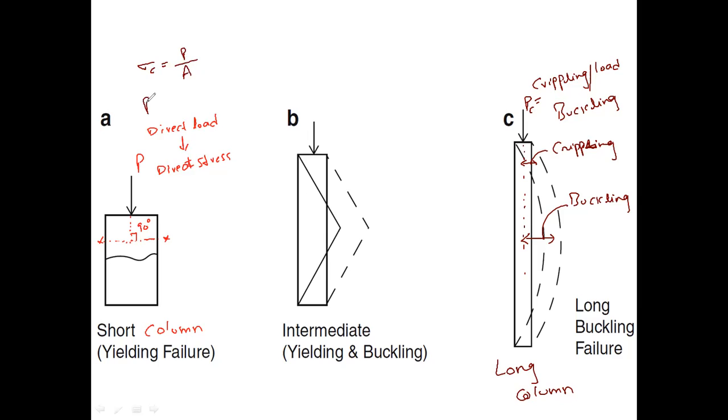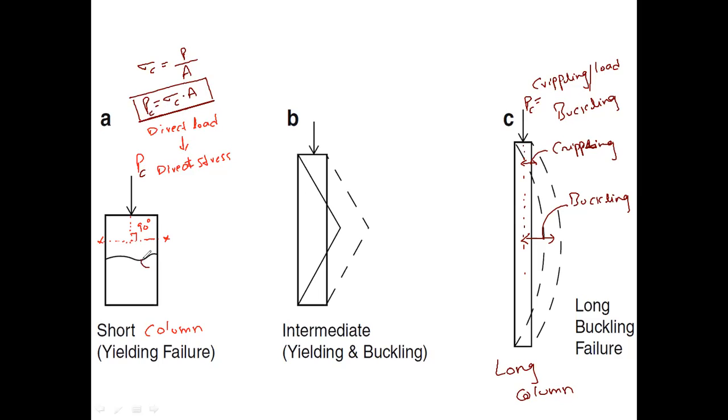Direct load means crushing load. Crushing load is equal to direct stress into cross sectional area. Understand? So this is how you are going to get the direct load PC. PC means crushing load.